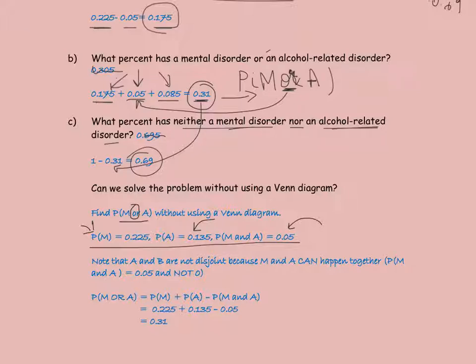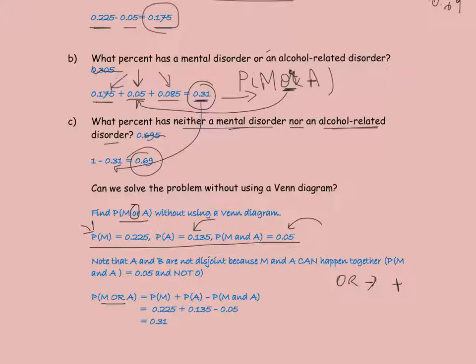Now the question is, we have to figure out probability of M or A. The word OR goes with the addition rule, but what kind of addition rule is used depends on whether the two events M and A are disjoint or not disjoint. Now, when we say that A and B are disjoint, what it means is that the two events cannot happen together.